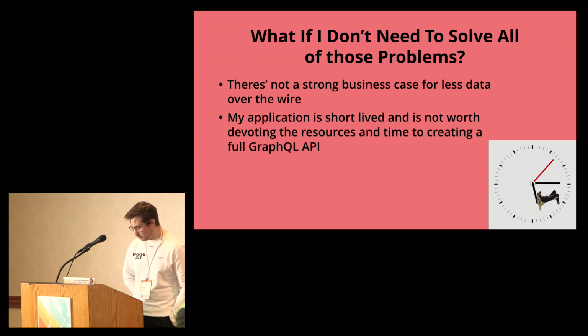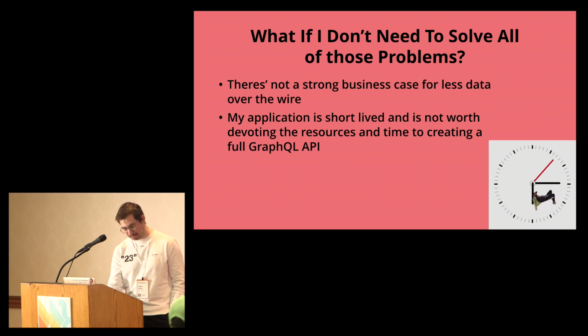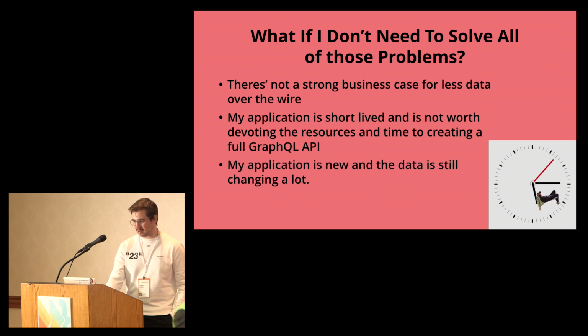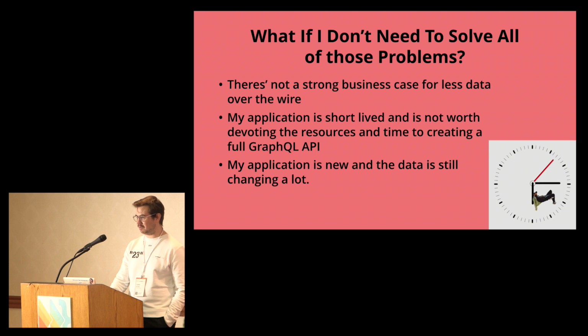That's me again, moving a clock slowly. I only try to use GIFs of myself so I don't infringe on anyone's IP. My application is new and the data is changing a lot, so that's when I'll often experiment with using just parts of GraphQL, when I don't necessarily want to write the schema, because I don't know what the schema is going to end up being, and I want to prototype some components in different ways.